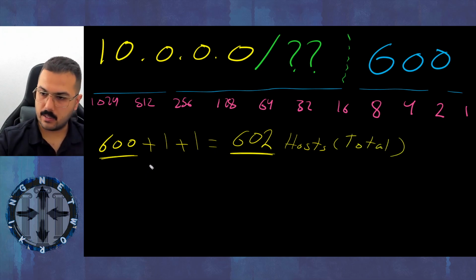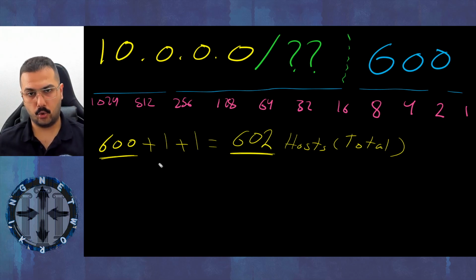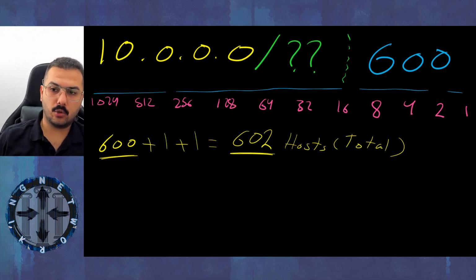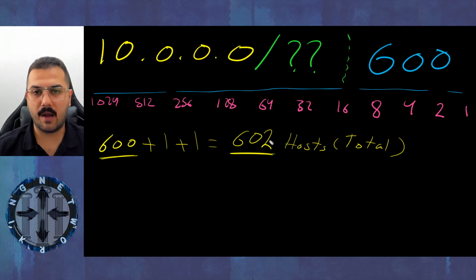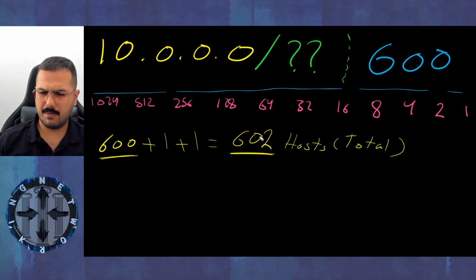Obtained. Next, what should we do? Well, next, what I should do right now is that I need to refer to the ladder, to the diagram, and start looking for a number that is enough of IP addresses. Meaning, is an IP address enough for 602 consumers? One single IP?